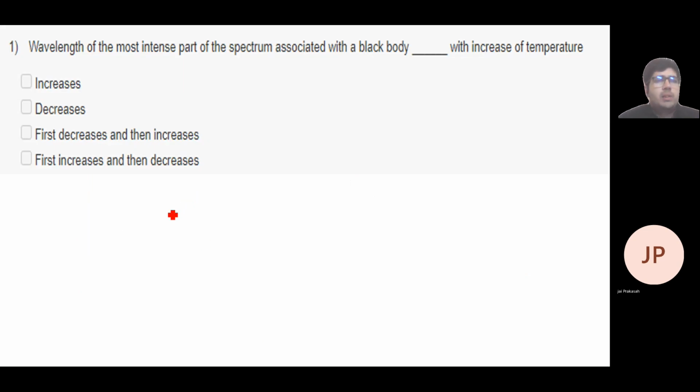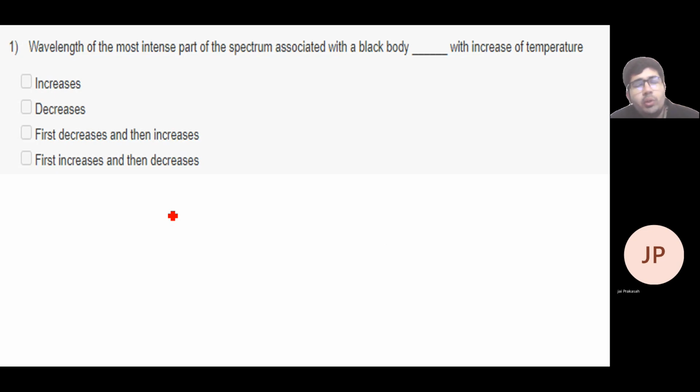So let's start with some simple questions. The first question is about the wavelength of the most intense part of the spectrum associated with a black body with increase of temperature. Suppose you have a complete wavelength band.